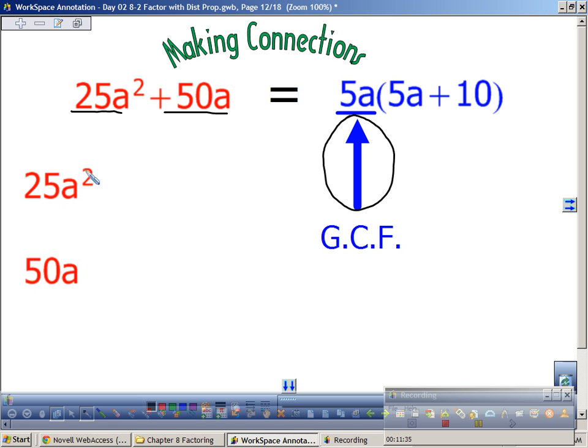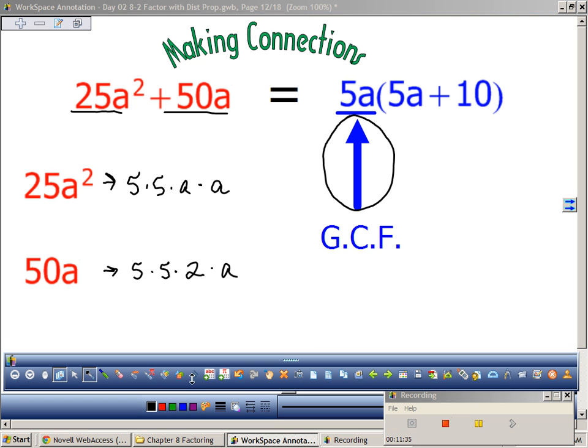Is that the greatest common factor of this? Let's check. What are the factors of 25a squared? 5 times 5 times a times a. What are the common factors of 50a? 5 times 5 times 2 times a.